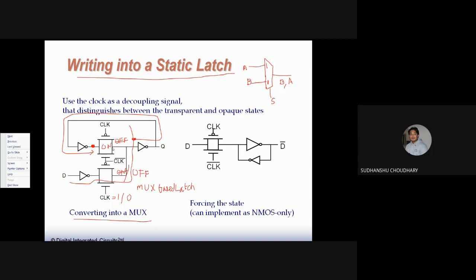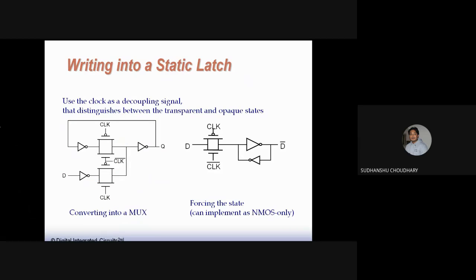This looks like a positive latch: it takes the data when the clock is high, and when the clock is 0, it retains that data in this feedback loop. It is a positive level sensitive latch. When clock is 1 the data comes in, and when clock is 0 that same data is retained in this loop. Maybe I'll remove everything here so that it is more clear.